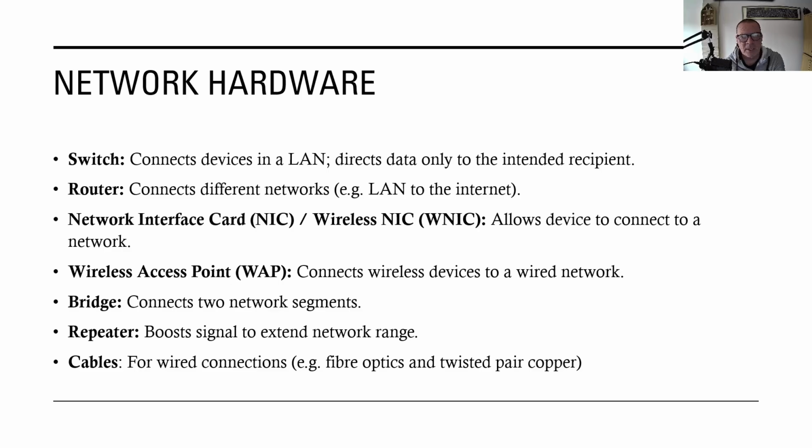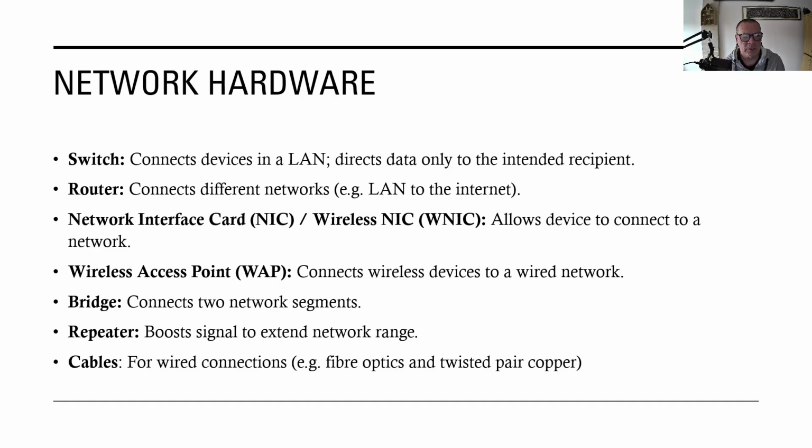We'll look at network segmentation later, but basically you can separate your network out into different parts. A repeater is used to boost signals, extending the range. You may find the problem that the router can't transmit, say, into another room in your house or into the garden. If you've got a big house, it can be more problematic.